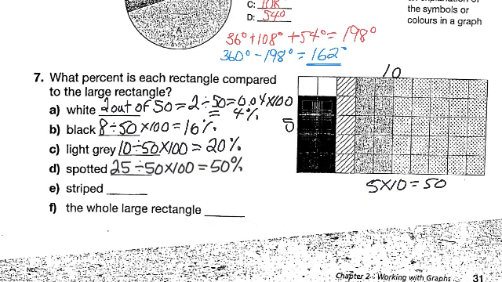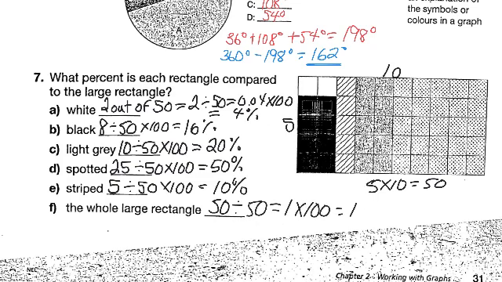Striped, we've got 5. 5 divided by 50 times 100 equals 10%. And then the whole large rectangle all together out of everything. So 50 divided by 50 equals 1, times 100, which equals 100%.